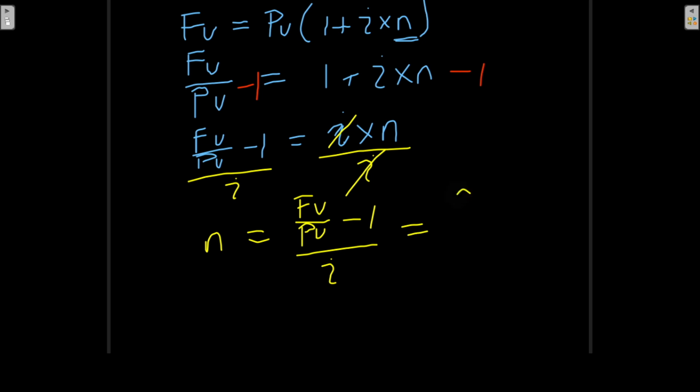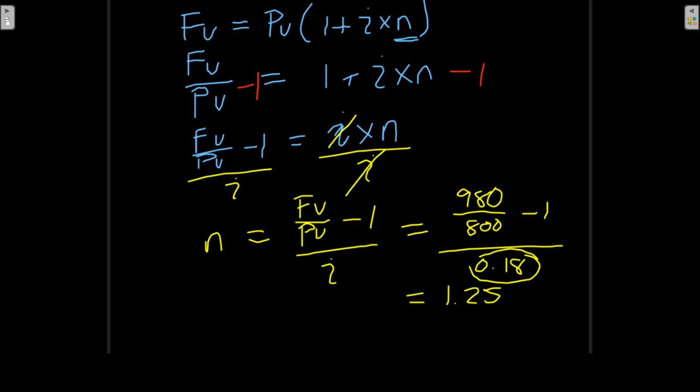The future value is 980 rands, present value 800. My interest rate is 18%, and I get an answer of 1.25. Now, 1.25 doesn't mean anything in itself. It can be 1.25 days, weeks, years. So we have to specify this. Now, because my interest rate was in terms of years, my answer for n will also be in terms of years.